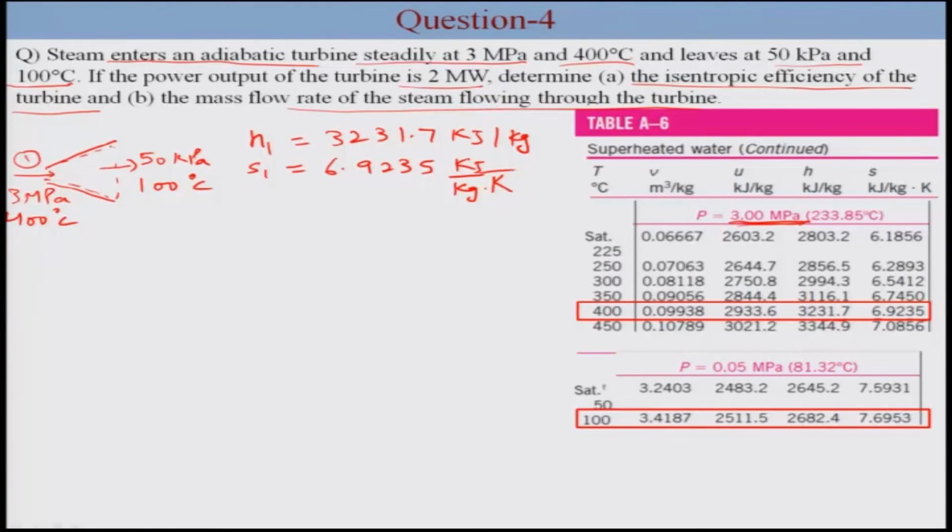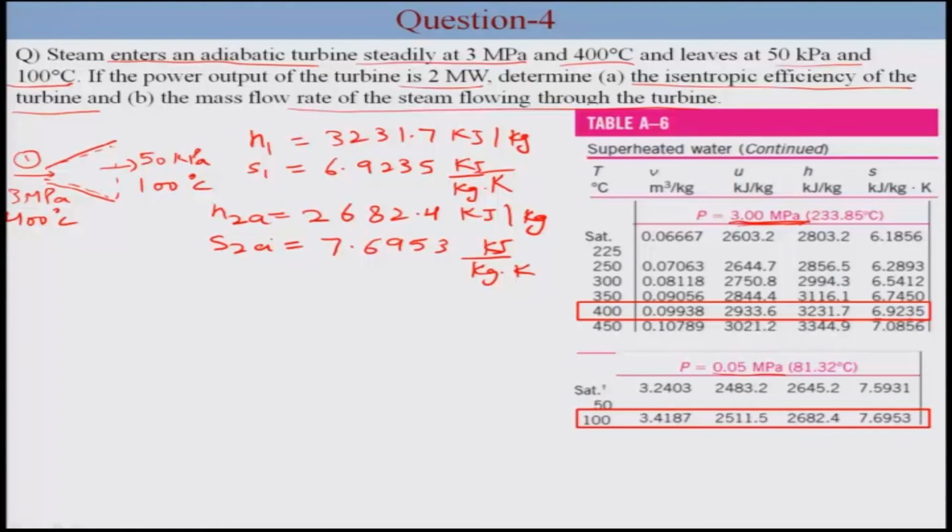So, at a pressure of 50 kilopascal, which is 0.05 megapascal, and 100 degrees Celsius, the values are H2A is 2682.4 kJ/kg and S2A is 7.6953 kJ/kg·K. Now, we are representing this as H2A and S2A because this is the actual process, but in the question we need to calculate the isentropic efficiency of the turbine.